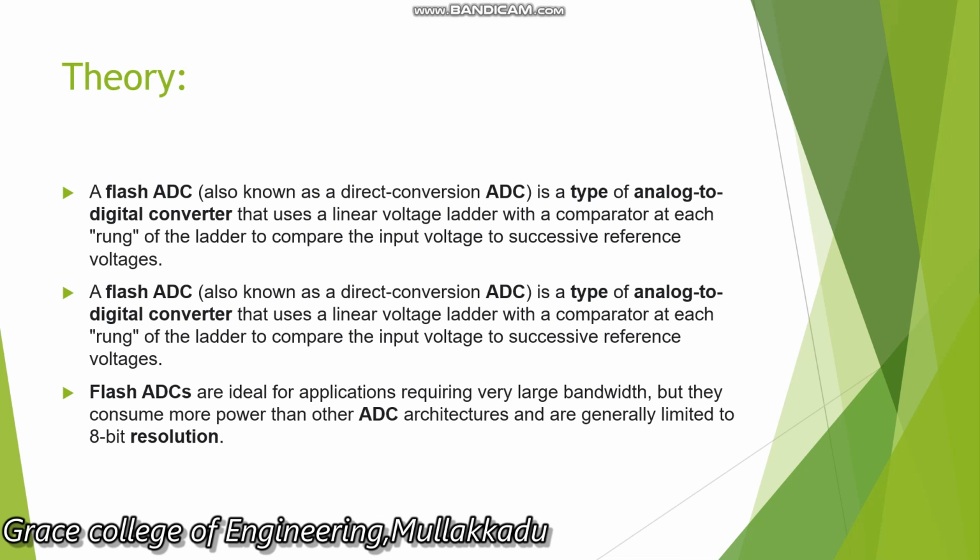Flash ADC is nothing but a direct conversion ADC, which converts the analog input signal and produces the digital output signal. It uses a linear voltage ladder network with a comparator at each rung of the ladder, to compare the input voltage with the successive reference voltage.